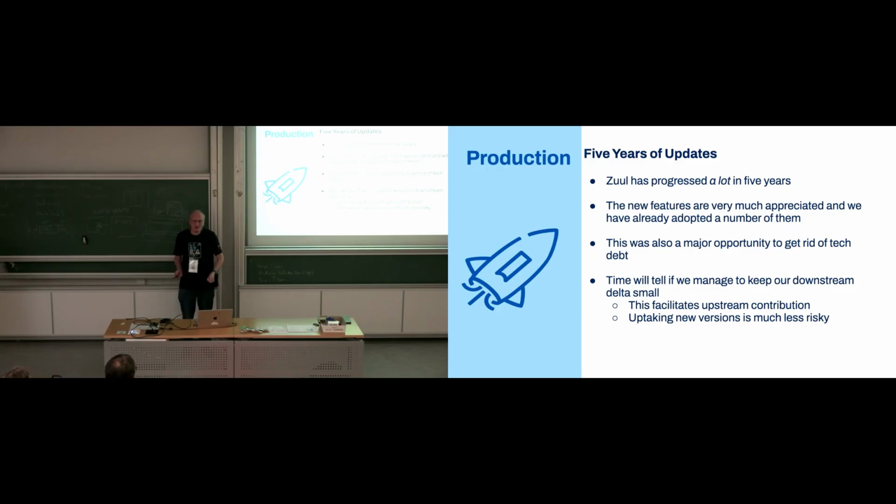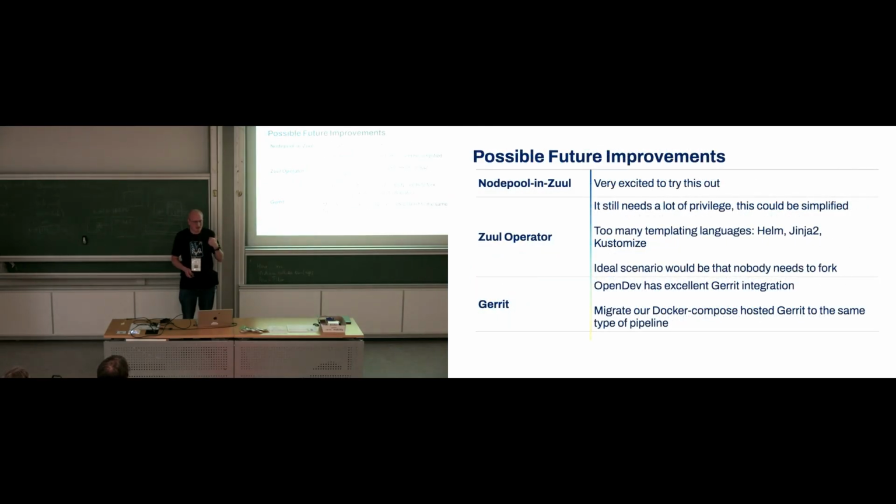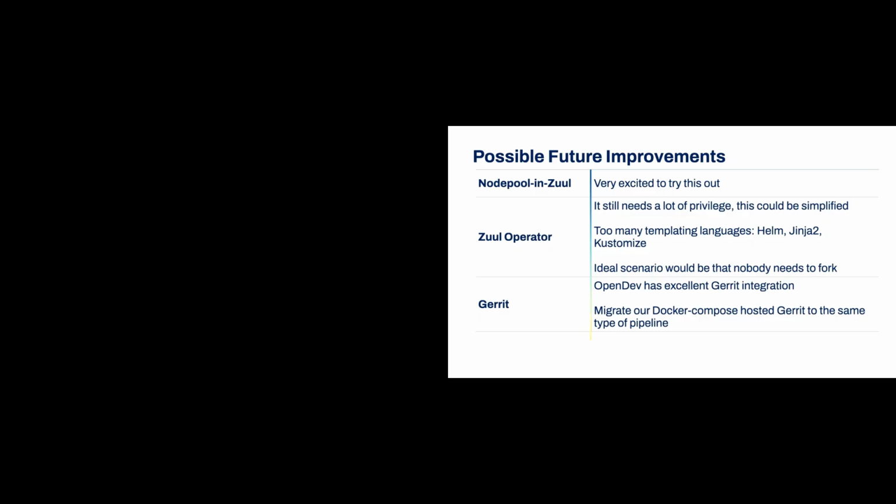Time will tell though if we manage to keep the pace of updating Zuul up. At the moment it looks like we can easily roll out production Zuul from the current version. So if I show you a version of ours, it will look exactly the same as the one that's running on OpenStack.